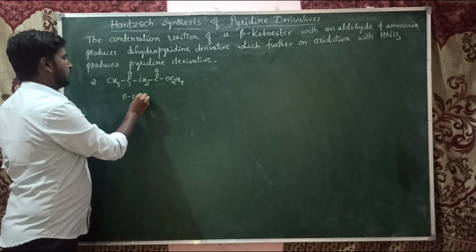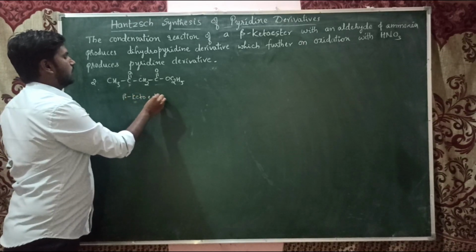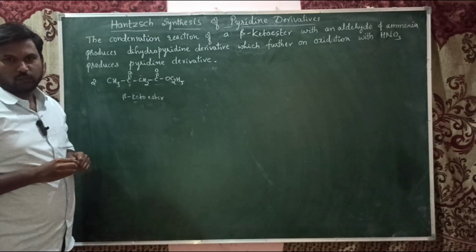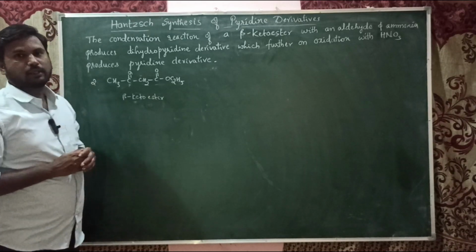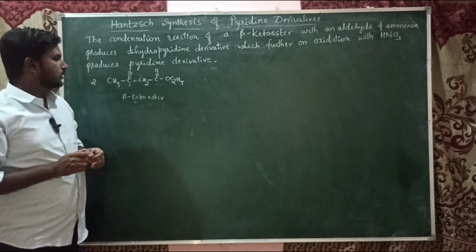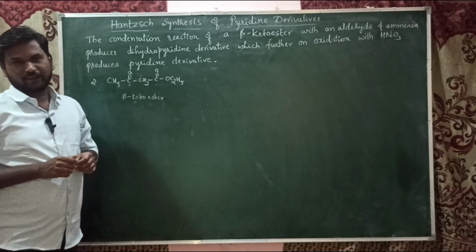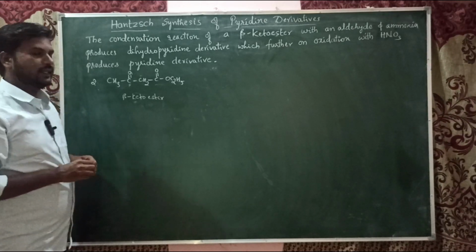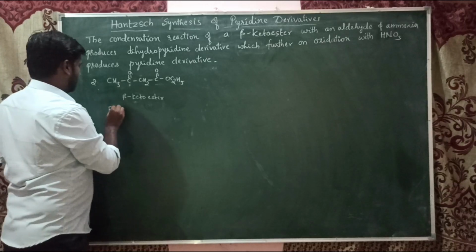You already know the name of this compound because it has come in your enolate chapter. So this is EAA, ethyl acetoacetate.